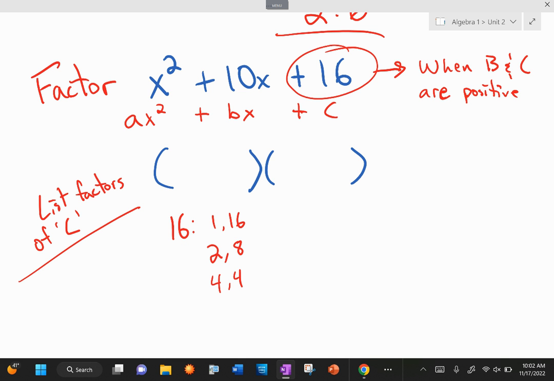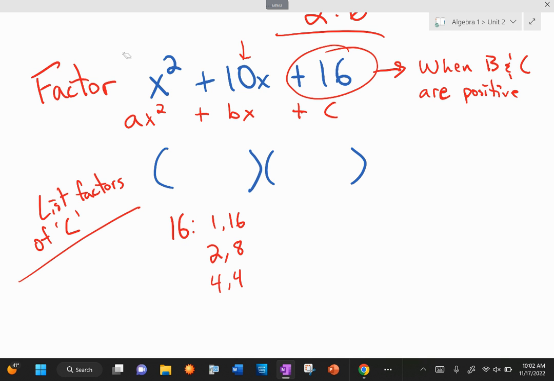Now look at each set, the 1 and the 16, the 2 and the 8, the 4 and the 4, and identify if you were to add or subtract a combination of those numbers, they would add up to 10, the B. Is there any way that I could add or subtract 1 and 16 to equal 10?